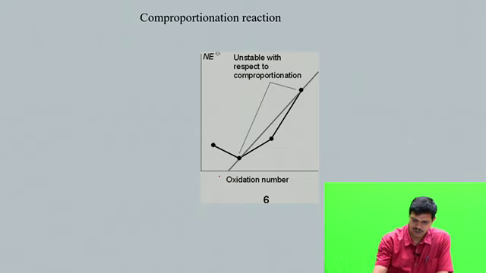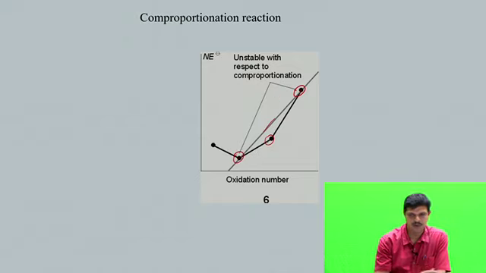Similarly, if you have three species and you draw a line between these two species, and you see that any other species exists below the joining line, then these two species are unstable to comproportionation reaction.